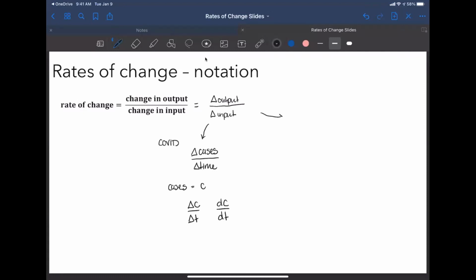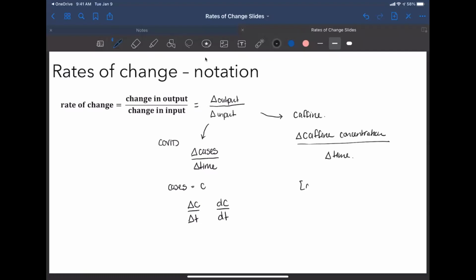If we go back to our caffeine example, we were again looking at change over time. So the delta in caffeine concentration over the change in time.